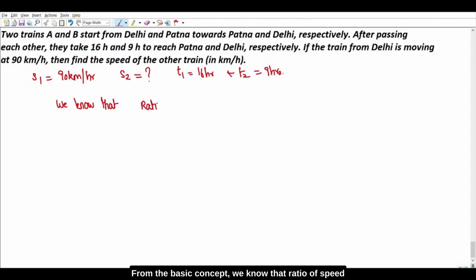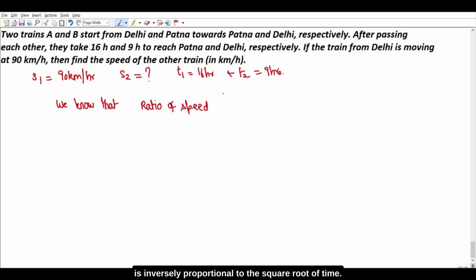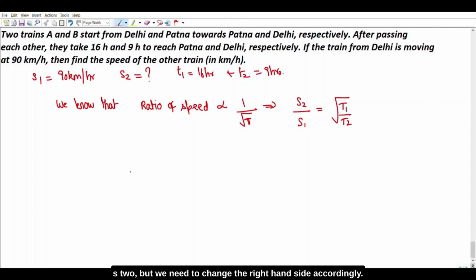The ratio of speed is inversely proportional to the square root of time. It can be expressed as S2 by S1 is equal to root of T1 by T2. Since we need to find the speed of the second train, I have written S2 by S1. It can also be written as S1 by S2, but we need to change the right hand side accordingly.